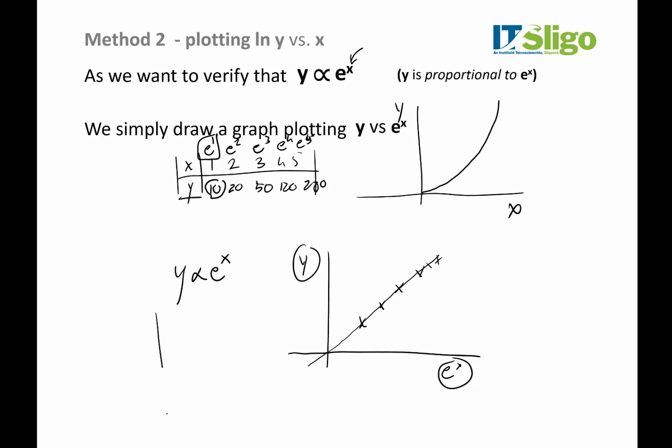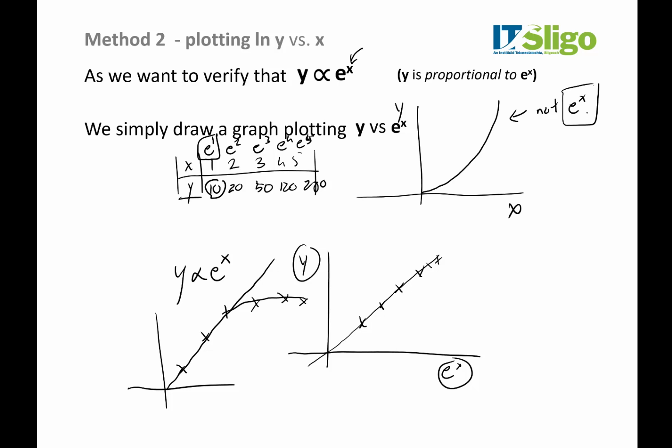If, say, when you plotted them, your data actually went like this, it's very obvious that a straight line doesn't suitably plot the curve. So if your data doesn't produce a straight line, that would suggest that this is not exponential. So that's what we're trying to do. We're trying to establish, is the function exponential?